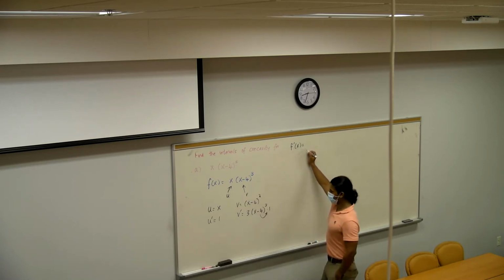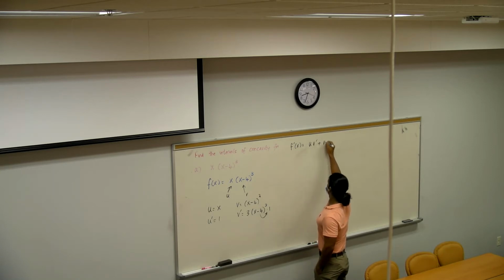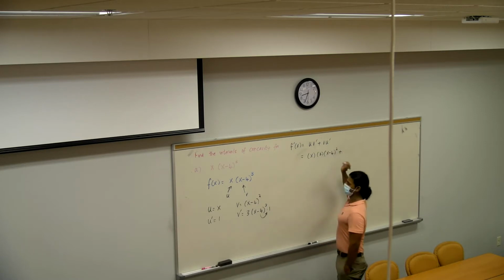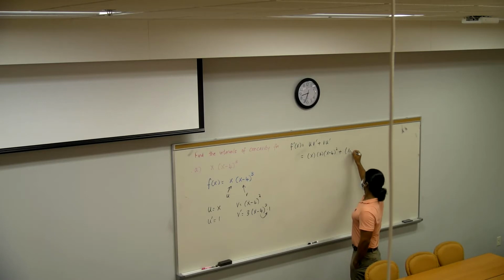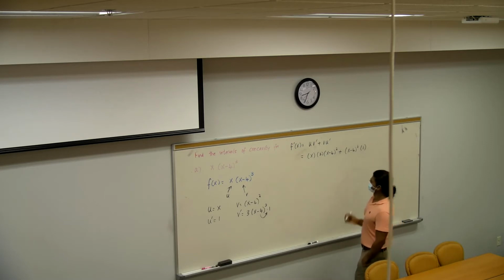So f prime of x is u v prime plus v u prime. U is x, v prime is 3 times x minus 4 squared, v is x minus 4 cubed, and u prime is just 1.